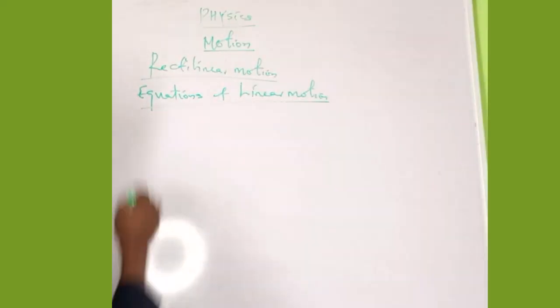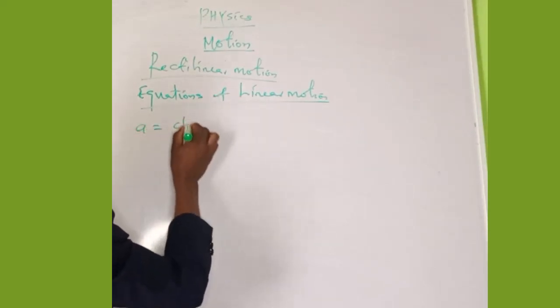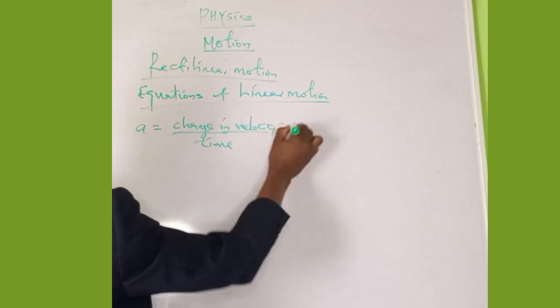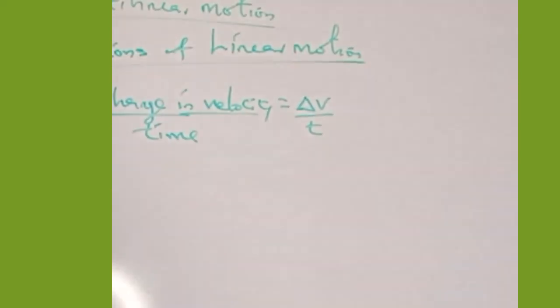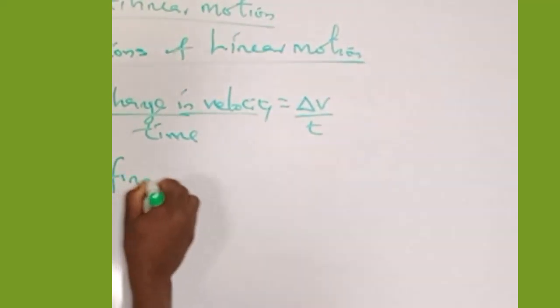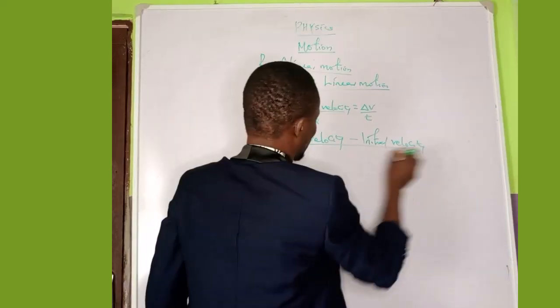First one, we say that acceleration is change in velocity over time. What is change in velocity? Change in velocity means the first velocity and second velocity are not the same. It changes with time. That is final velocity minus initial velocity, all over time.